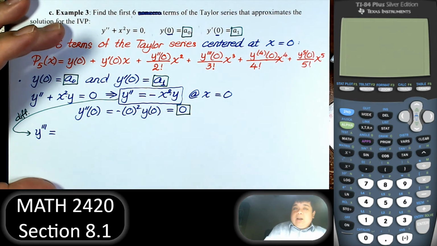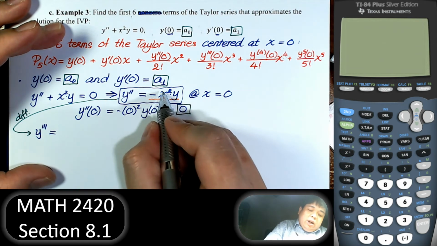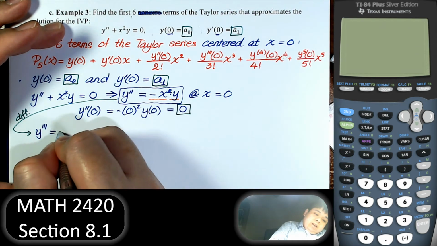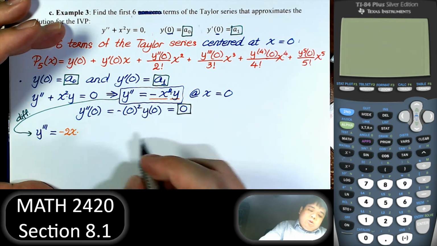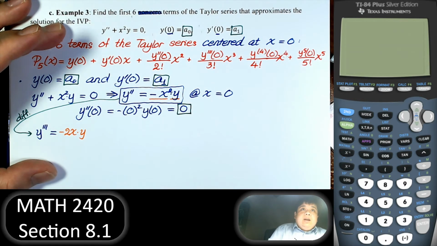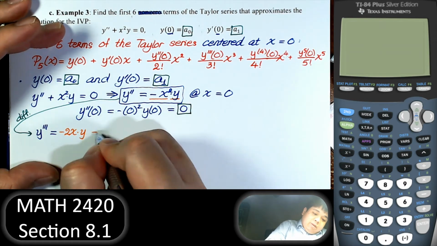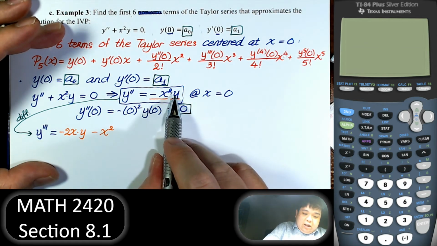This requires a product rule. Derivative of negative x squared is negative 2x times y, and then we have negative x squared times y prime.